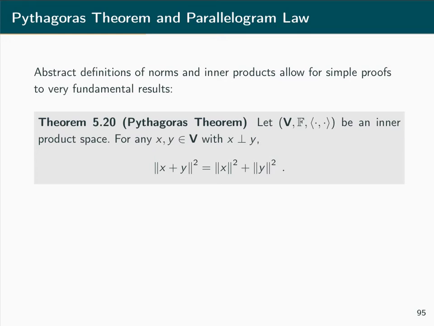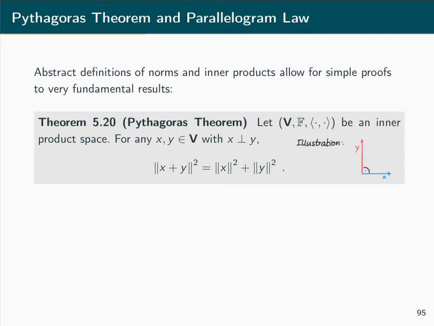Then for any two vectors x and y, where x is orthogonal to y, we have the Pythagoras statement, namely the norm of x plus y squared equals the norm of x squared plus the norm of y squared. Of course, this is a much more general result than what we know as Pythagoras law in R2 or R3. And that's because it holds on any inner product space and therefore also on sequence and function spaces and so on.